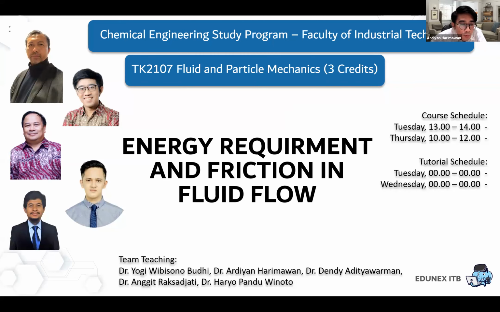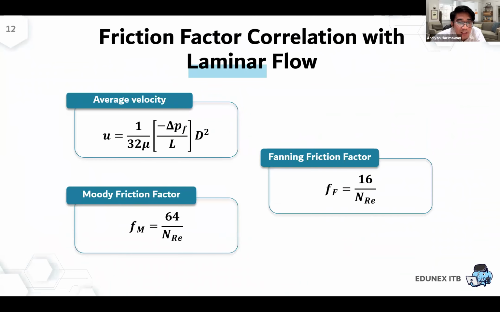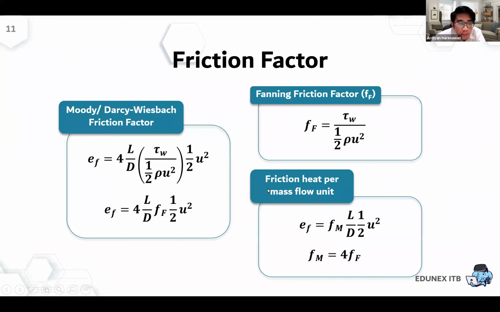Good morning, everyone. So today in our fluid and particle mechanics class, we will still continue discussing how to quantify friction, as a form of energy loss when some fluid is flowing in the pipeline. Just to refresh you, to calculate the friction loss you need to calculate the friction factor.